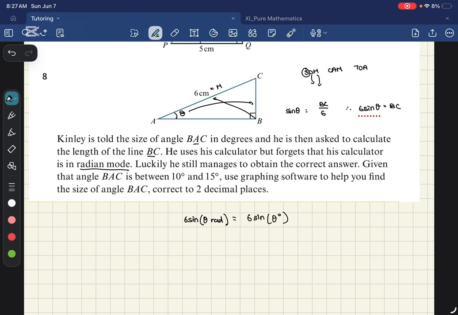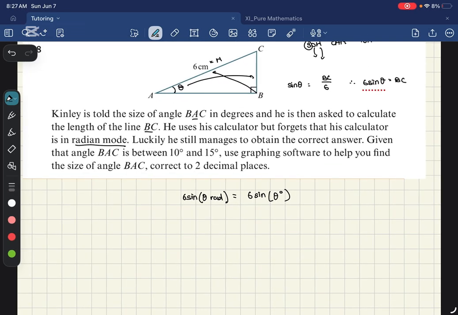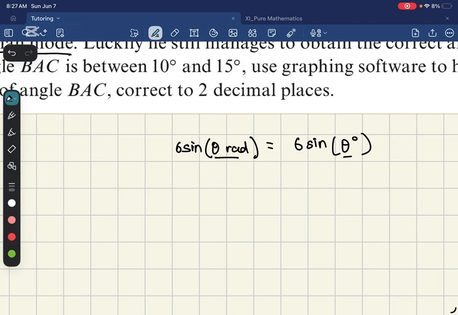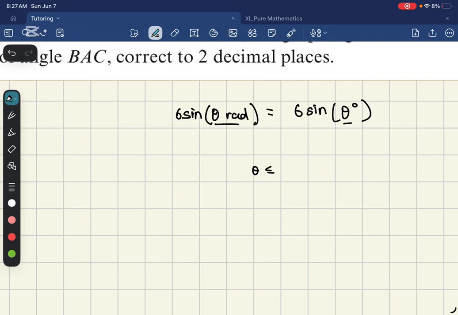That is what they're practically asking us if you think about the question, right? So we want to find what angle for which the sine is equal in degrees and radians, and we are given the restriction theta is between 10 and 15 degrees, right?